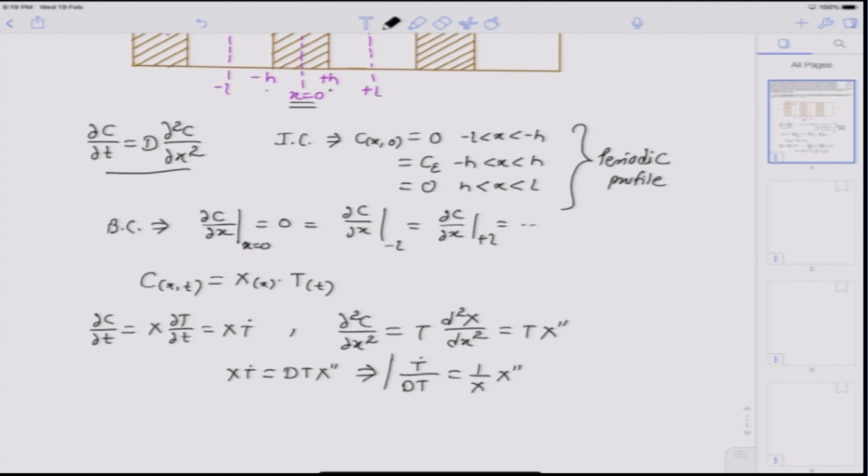Now, if you look at this equation, the left hand side of this equation is only a function of time t, and the right hand side is only a function of distance coordinate x, and x and t both are independent. So, this equality would be true only if both the sides are equal to a constant.